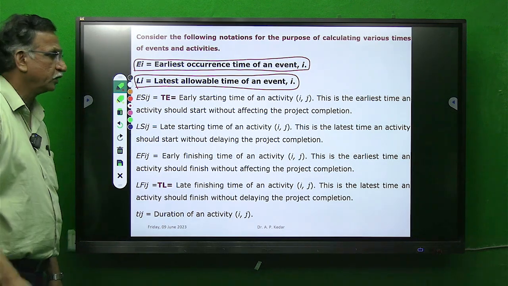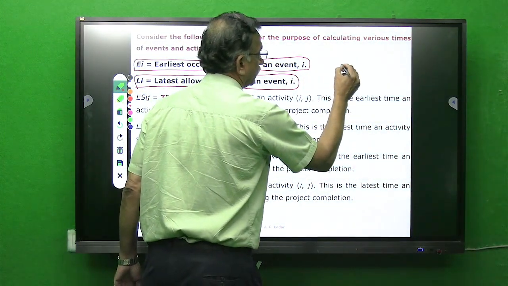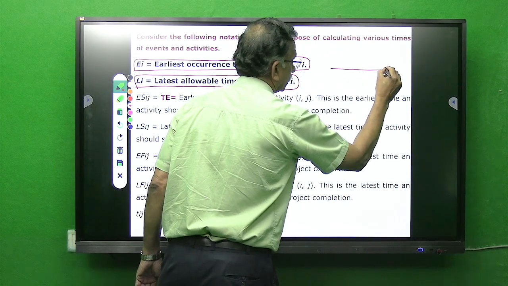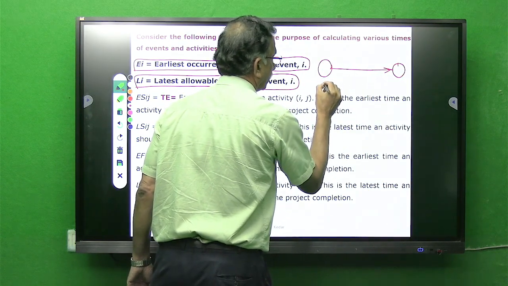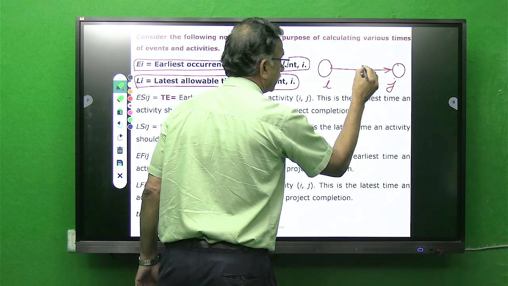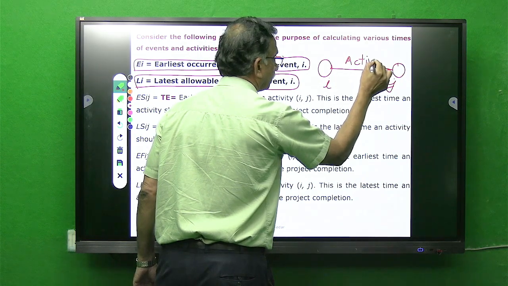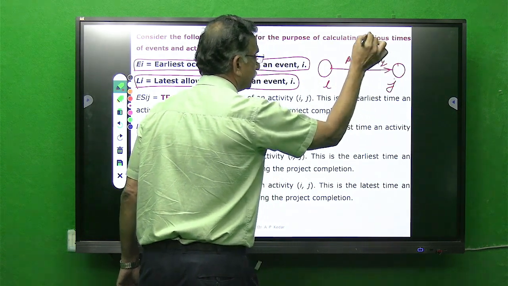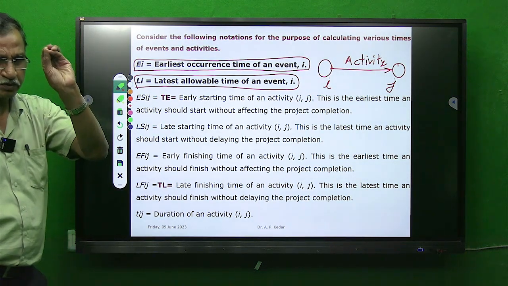Now first, keep in mind this concept of I, J activity. Students, always keep your mind focused.